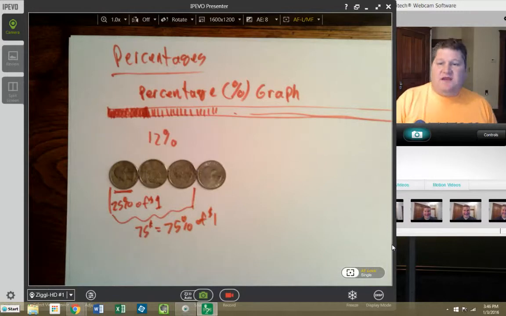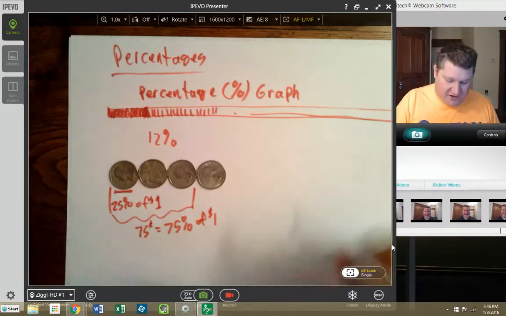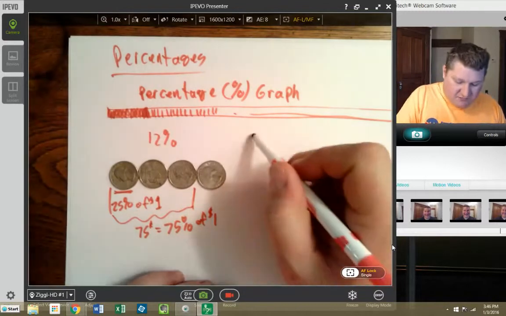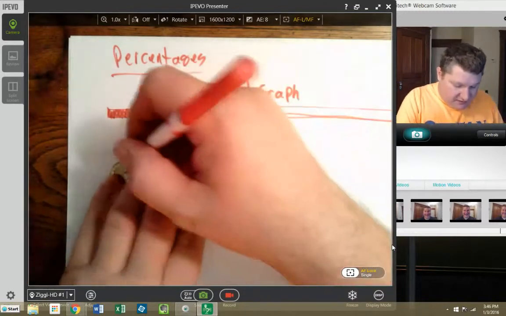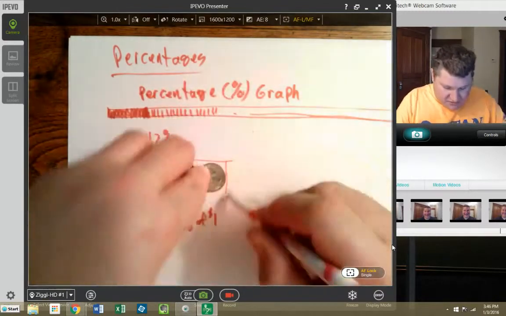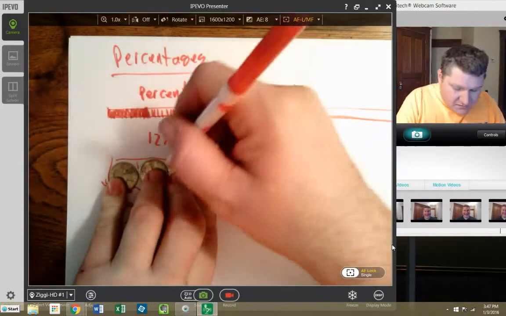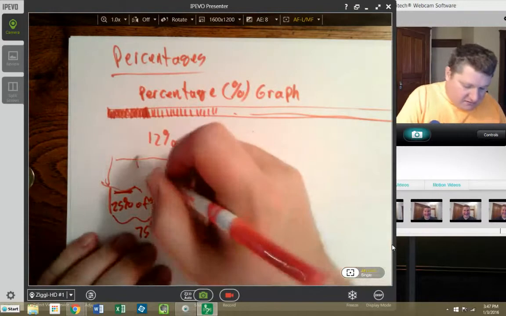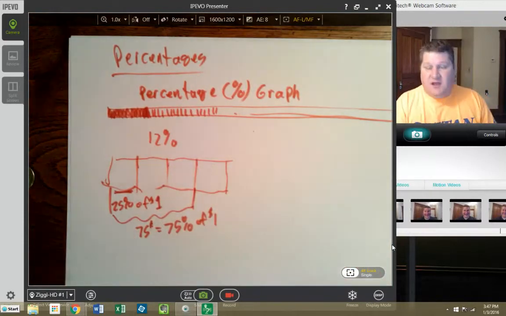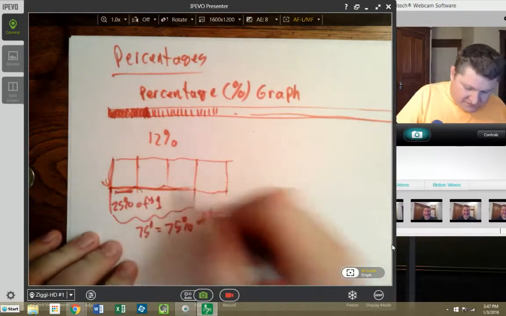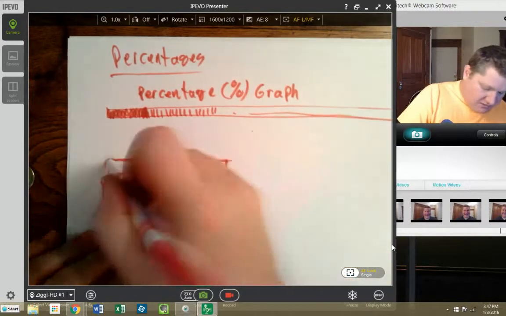Now you say, wait a minute. 25 cents, fair enough. 75 cents, fair enough. What would it look like as a graph? Well, let's take a look here. Let's draw a little line. Okay, so we have a graph. Now we'll make it a bar graph. Let's make it more bar-y. There you go.